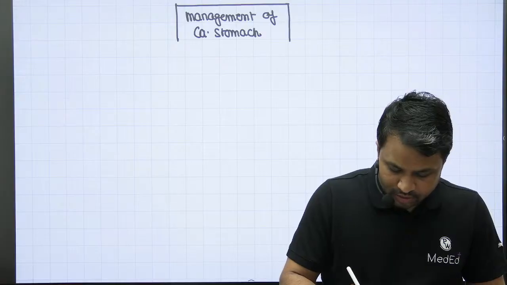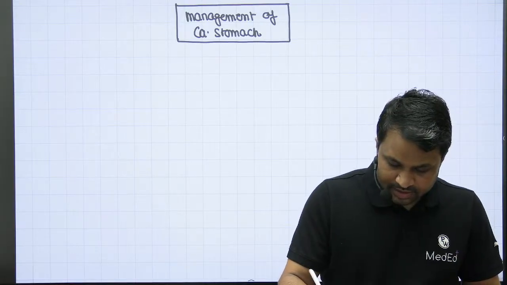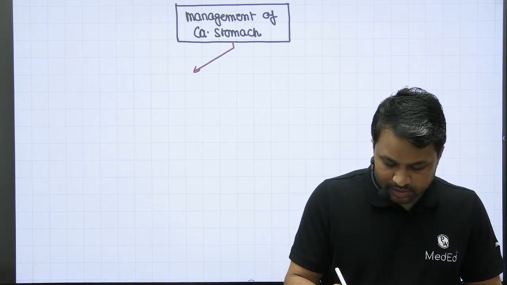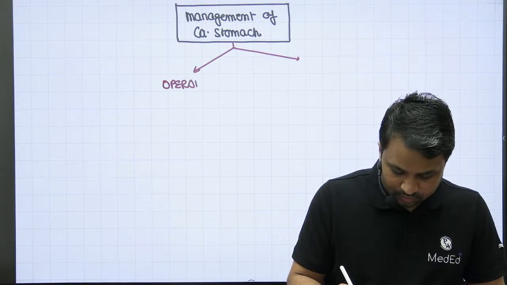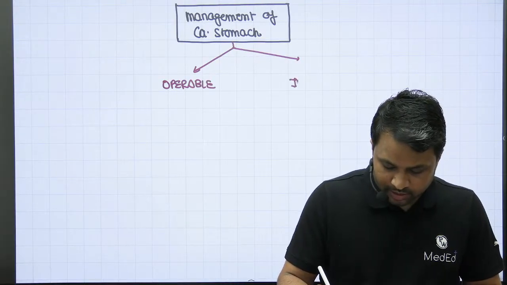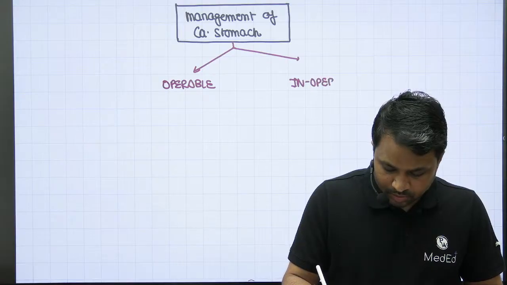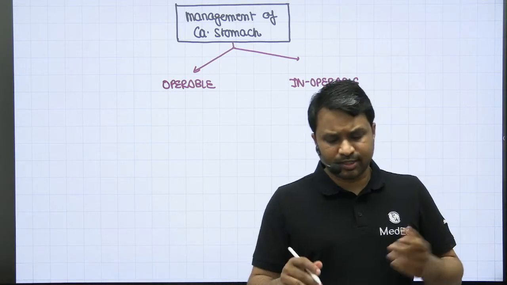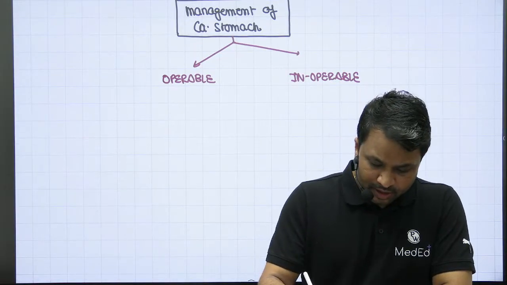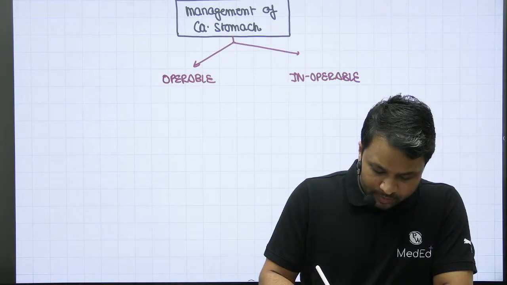In carcinoma stomach, we'll see whether it is operable or inoperable malignancy. Inoperable is like, distant metastasis and everything is present. There's no point operating. In this patient, I would basically allow the patient to feed.